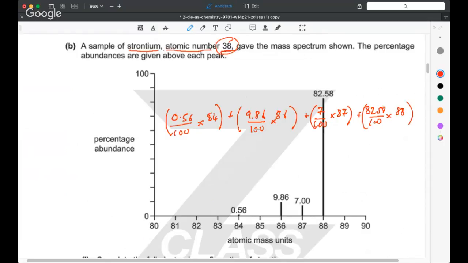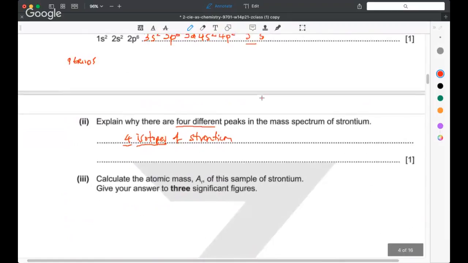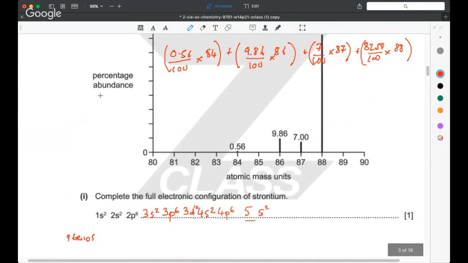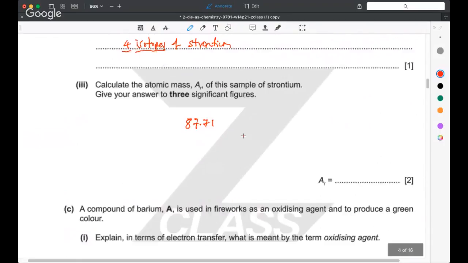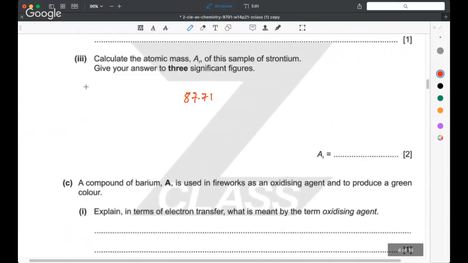So if you do that calculation, you've just got to punch quite a few buttons on your calculator. You end up with the relative atomic mass for strontium. And if you do that on your calculator, you end up with a figure of 87.71. But the examiner is saying, look, you might have calculated that because you've got 2 decimal places here, but you've got to give the answer to 3 significant figures.